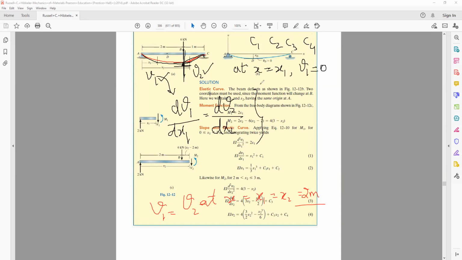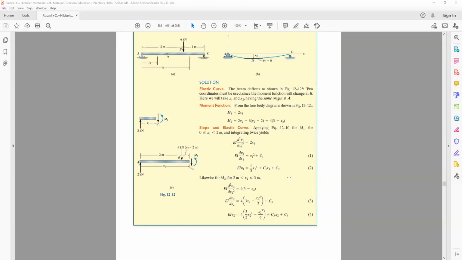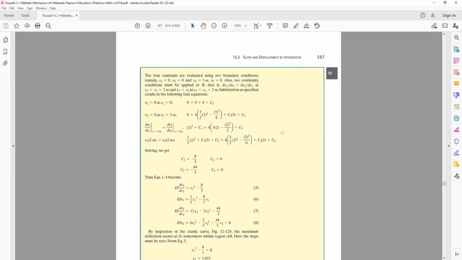And at x2 is equal to 3 meter, the value of deflection given by the equation nu2 is equal to 0. Condition 1, condition 2, this is condition 3, and this is condition 4. We will be making use of these four conditions to find the values of C1, C2, C3 and C4, as is done over here.